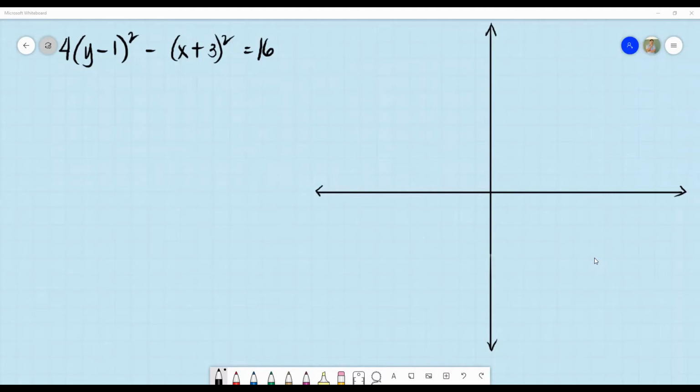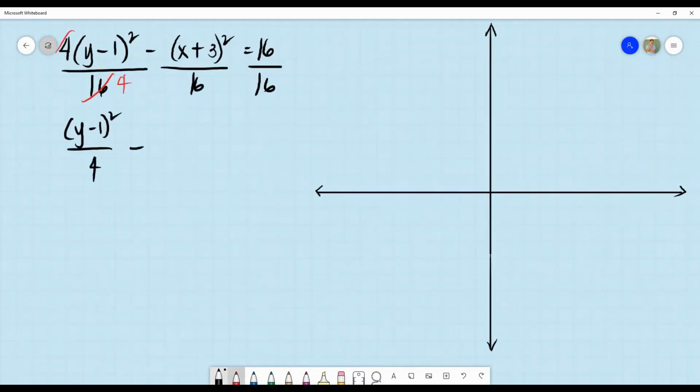Let's have another example. We have this time the center is not the origin, but (h, k). So the first step again is to change this to standard form, and that is by dividing 16 to all the terms. So we will have 16 divided by 4, this becomes 4. So we are left with (y minus 1) squared over 4.